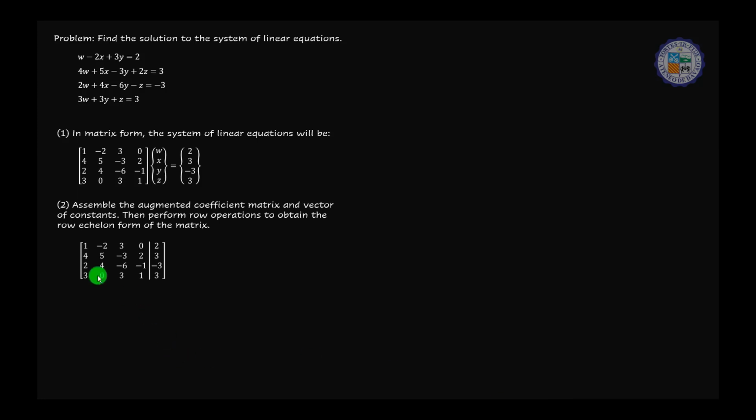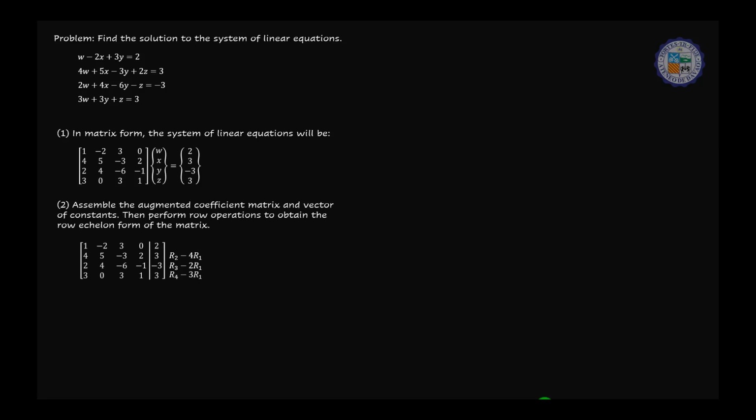The first target here is to make the numbers 4, 2, and 3 equal to 0 by row operation. The row operation for row 2 will be row 2 minus 4 times row 1, where the element in row 1 will be our pivot. For row 3, it will be row 3 minus 2 times row 1.